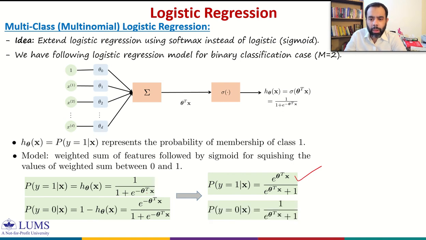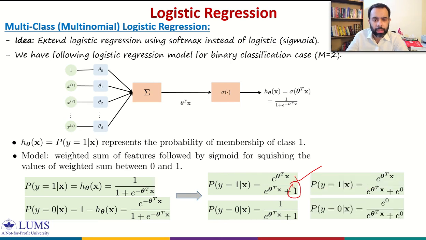Similarly, the probability of y equal to 0 given x would be 1 over exponent of theta transpose x plus 1. We know that I can write 1 as exponent of 0, so I've simply replaced 1 with exponent of 0.